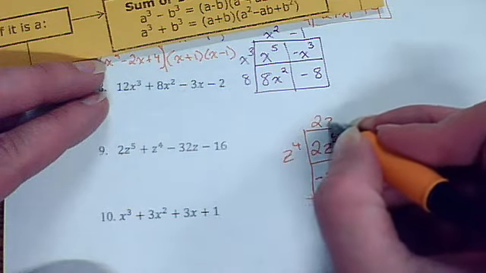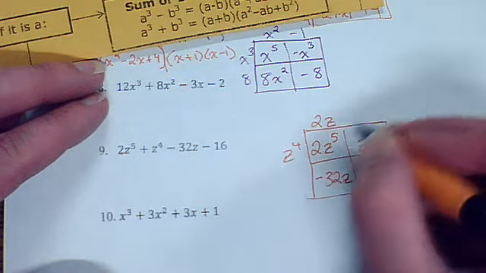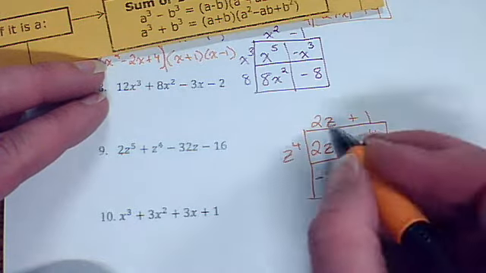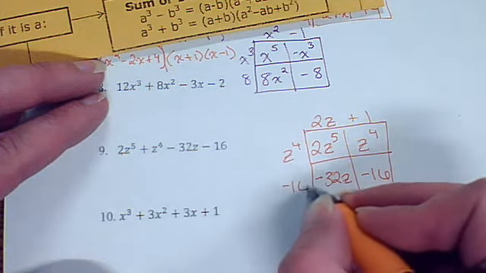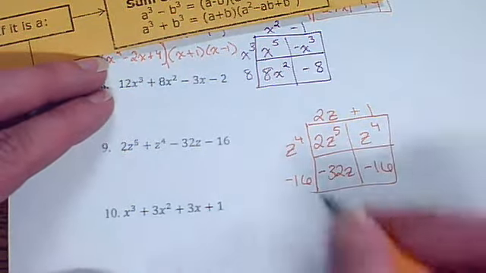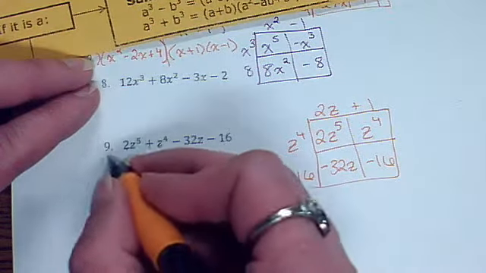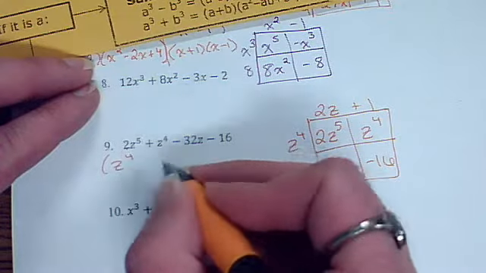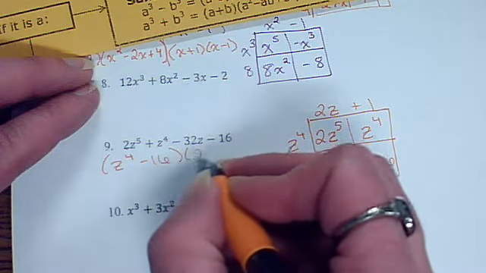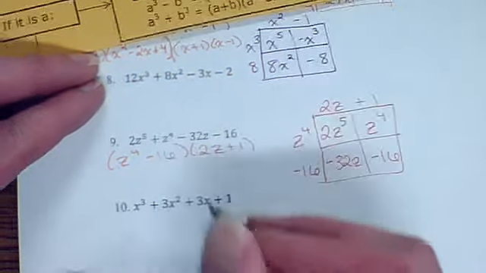So that means this needs a 2z to get there. This needs a 1. 2z times negative 16 would get me to negative 32z. And negative 16 times 1 does give me negative 16. So my factors are z to the 4th minus 16 and 2z plus 1.